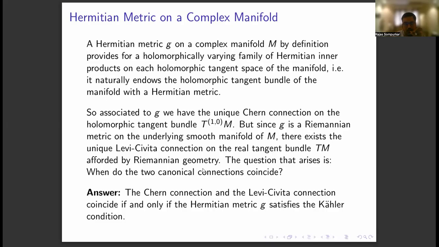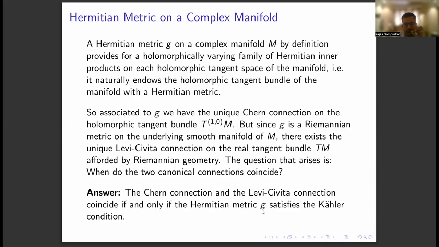The question that arises is when do these canonical connections coincide with each other? The answer is a theorem from Kähler geometry, which says that the Chern connection and the Levi-Civita connection coincide if and only if the Hermitian metric satisfies the Kähler condition, which we had seen in the last class.